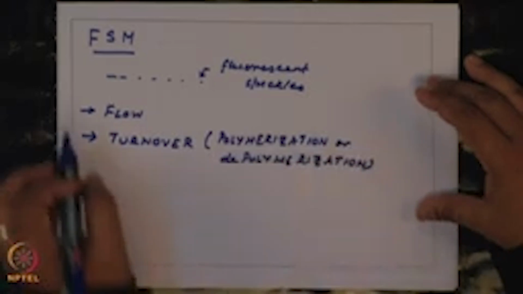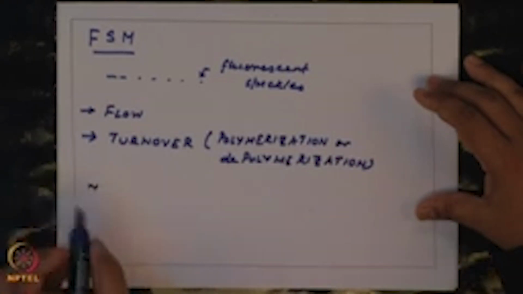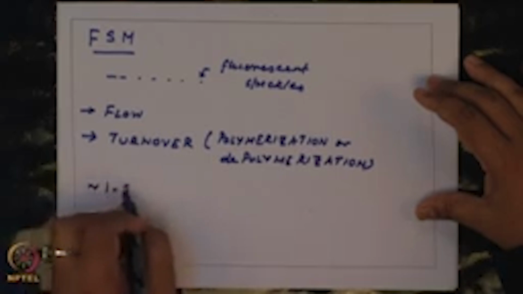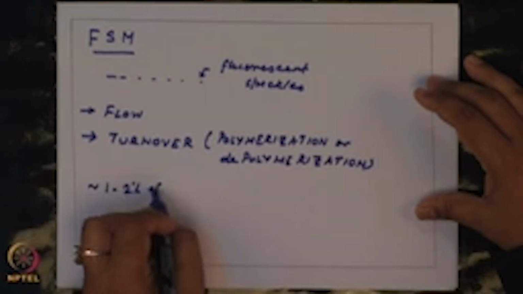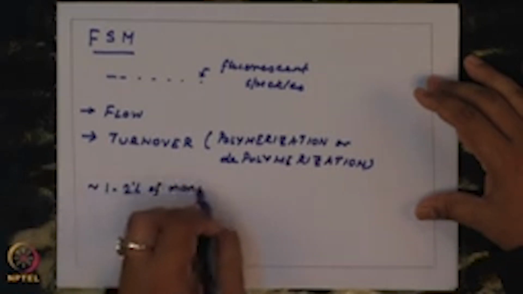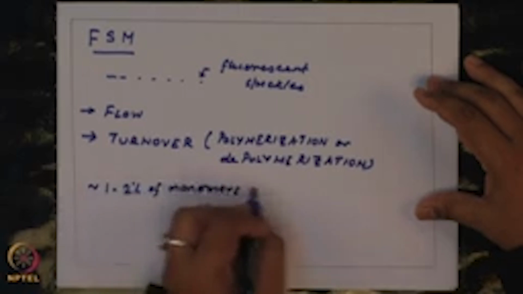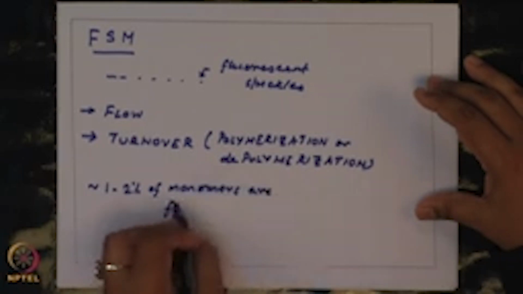Typically for fluorescence speckle microscopy, on the order of 1 to 2% of monomers are fluorescently labeled.